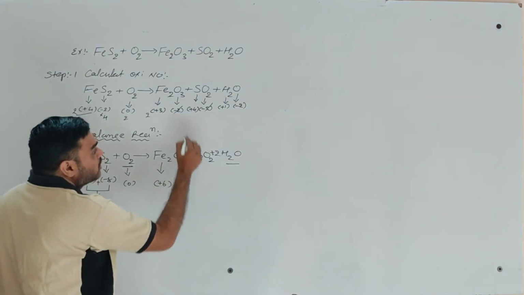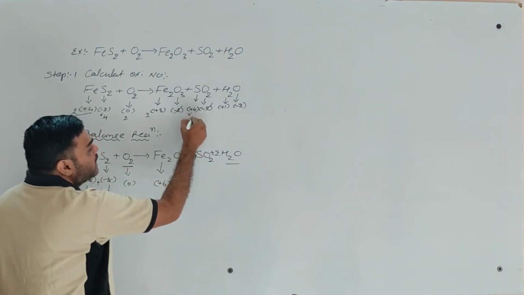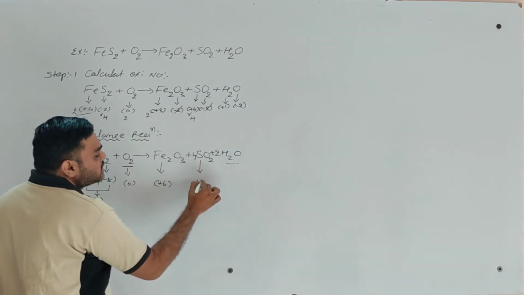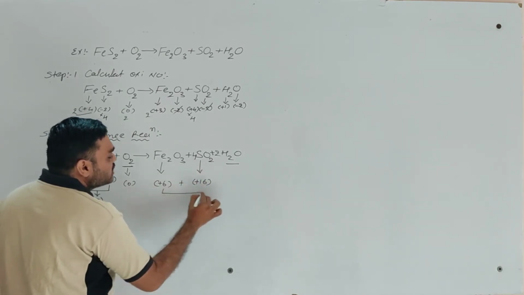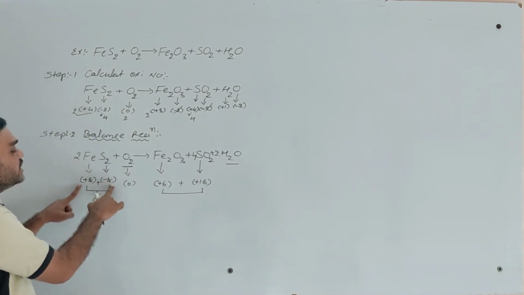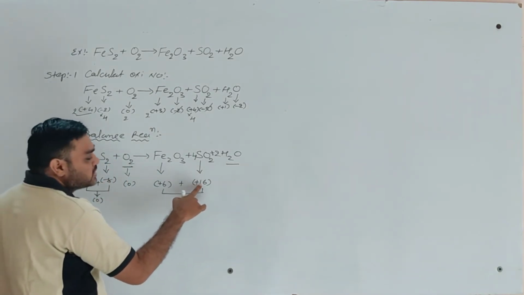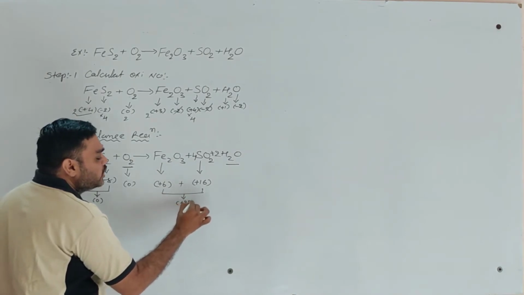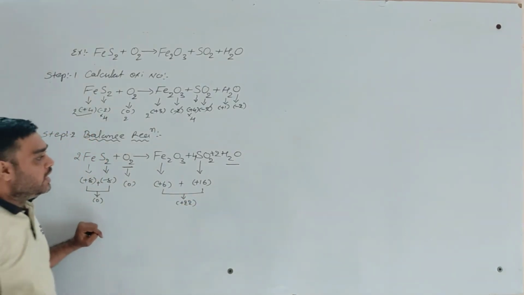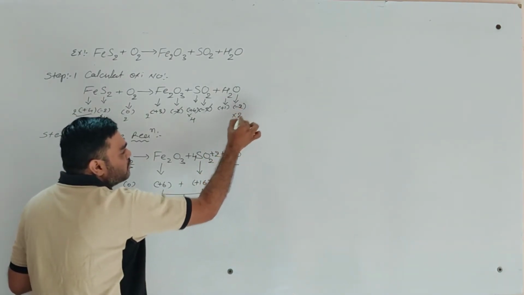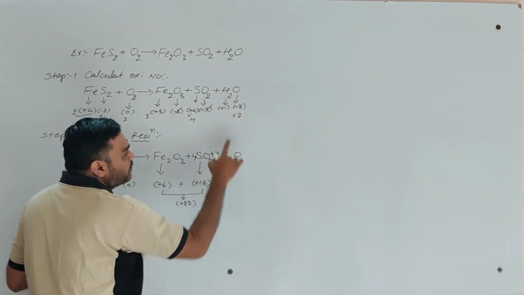Sulfur 4, so 4 into 4, that obtains plus 16. Addition of both, because Fe and S both addition we will take, so plus 16 plus 6 you will take plus 22. Here 2 oxygen is there, multiply this oxidation number with 2 atoms, you will obtain 2 2s are 4, minus 4.